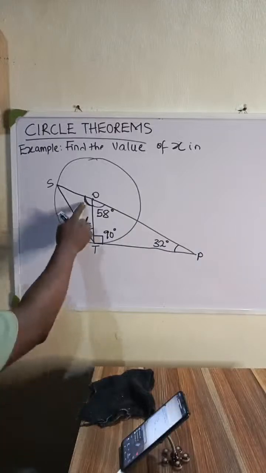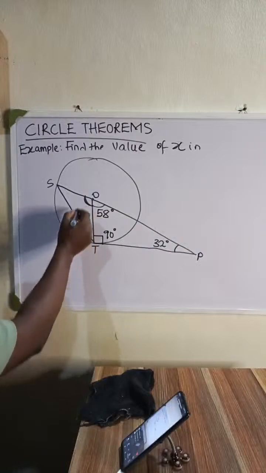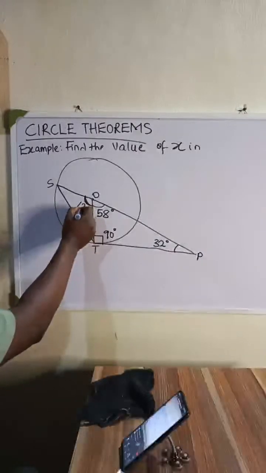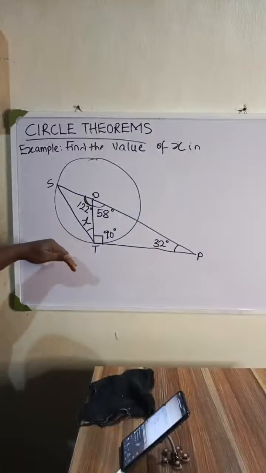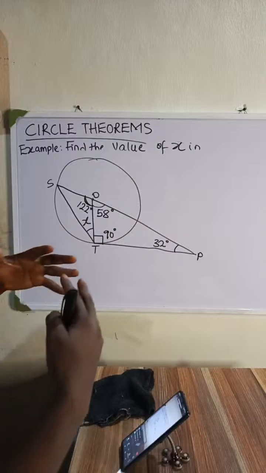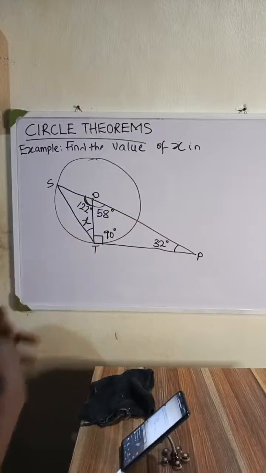So here is 180 minus 58, which gives us 122 degrees. For you to have good understanding, you can watch the previous lesson and then watch this lesson again. You will now be able to join them together and see what you're doing.